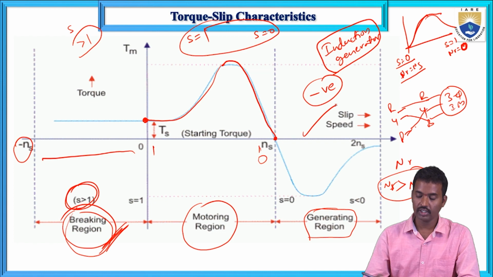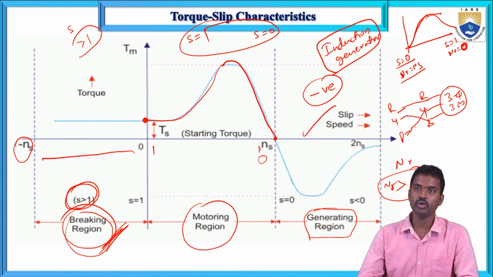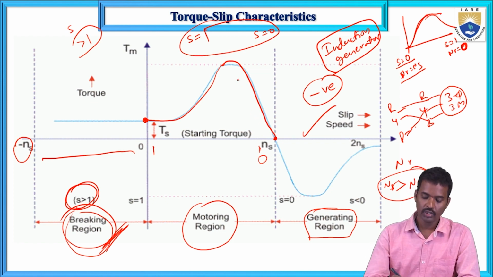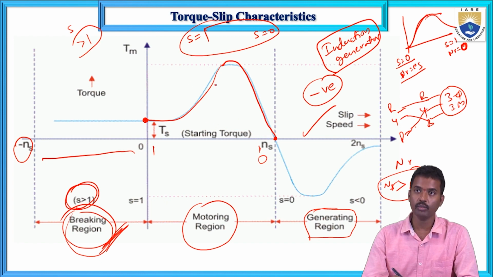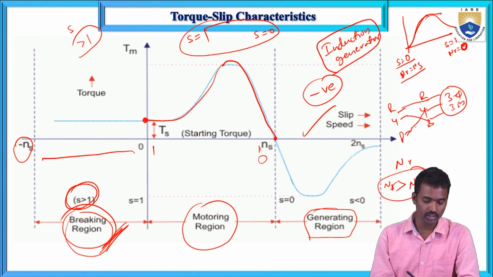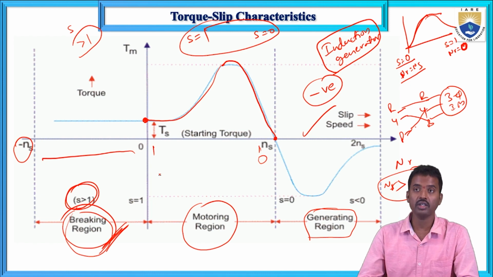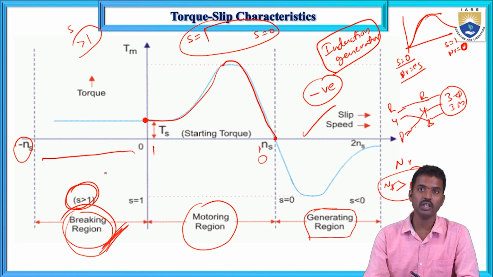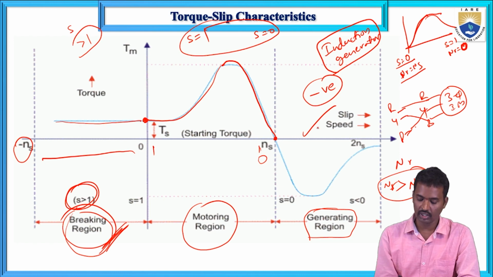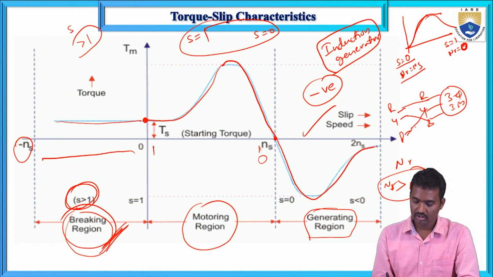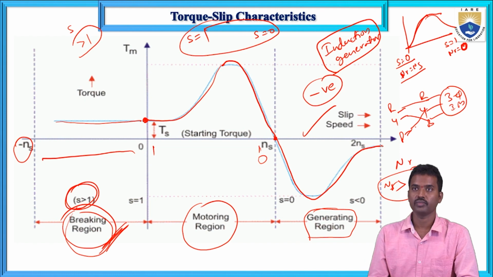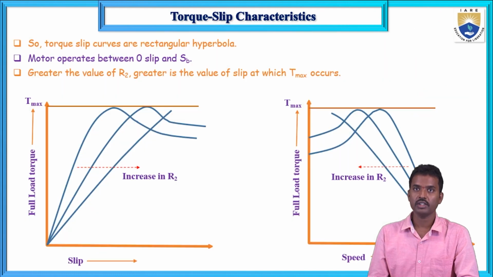So that is the generating mode. Here mechanical energy is given, but electrical energy will be generated. So that is the generating region, motoring region, and braking region. These are the torque slip characteristics for a three-phase induction motor. This is for the three-phase induction generator, and this is the braking condition. This is the straight line, and this is the reverse case, negative.